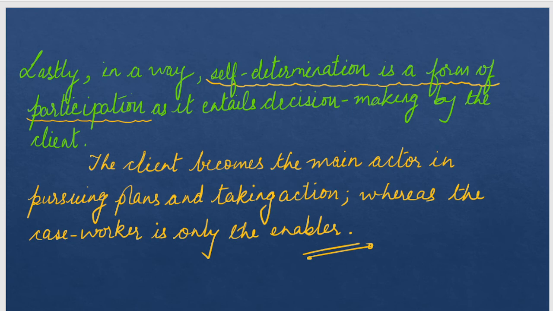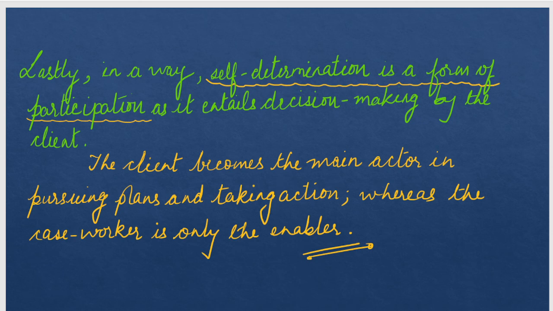Here, the client is actually the main actor in pursuing plans and taking action, whereas the caseworker is only the enabler. The main purpose of the caseworker is to act as a booster, as an enabler, as a guiding light, where the client is able to see his problem clearly and work out a plan with the help of the social caseworker, and solve his problem by his own plans and by his own decisions.